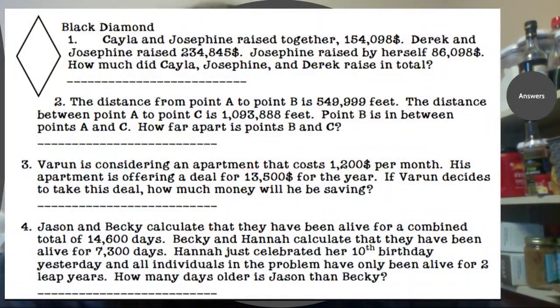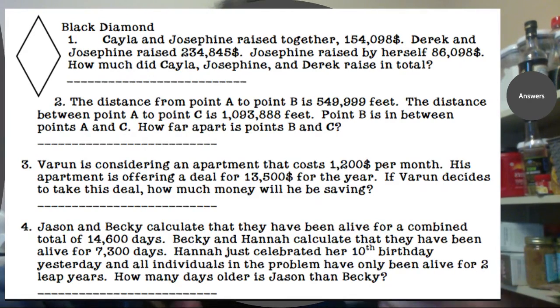So now it says Josephine raised by herself $86,098. The temptation here is to add another bar diagram underneath, which you're of course welcome to do always. But I'm noticing that my first one says Kayla plus Josephine, and my second one says Derek plus Josephine.